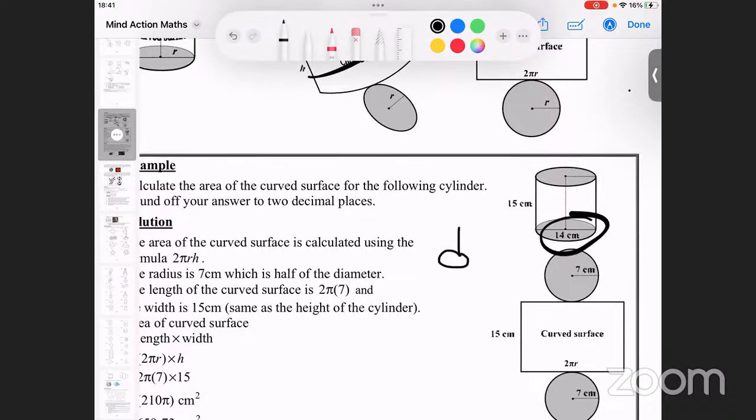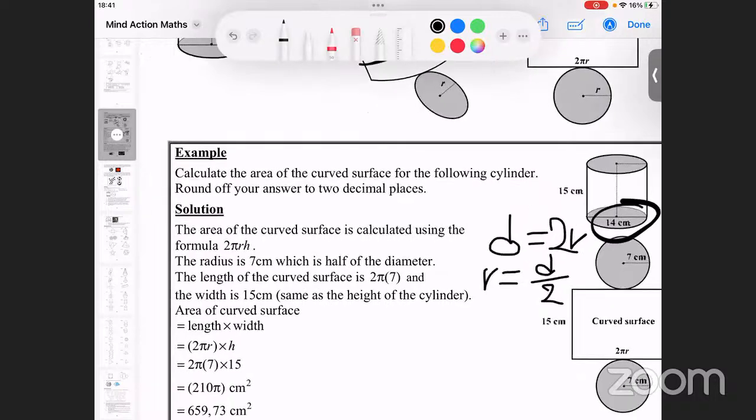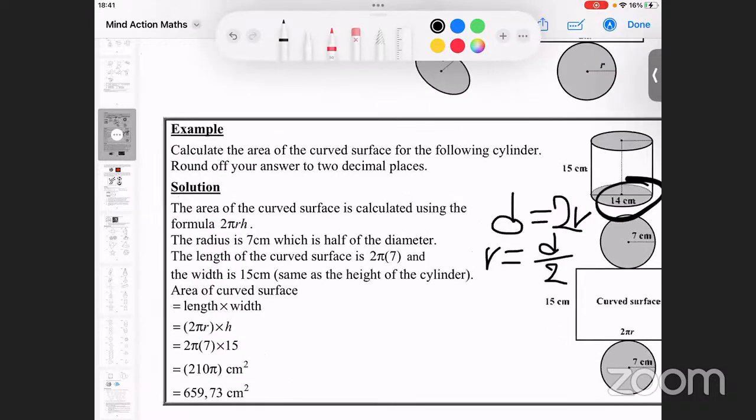So diameter is equal to 2r, and if you want to know r, you say r is equal to the diameter divided by 2. The radius is 7 centimeters, which is 14 divided by 2.